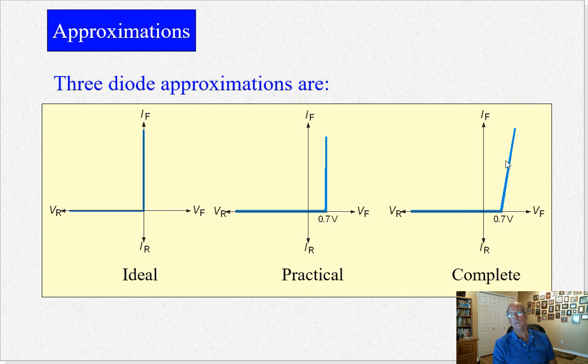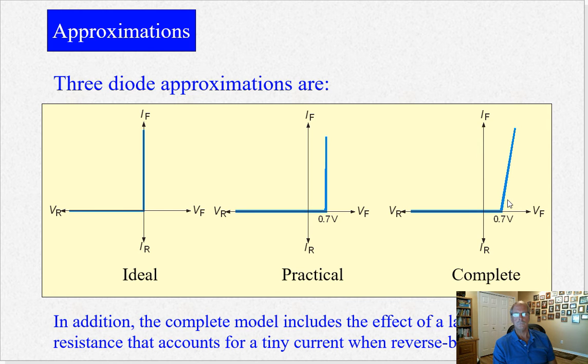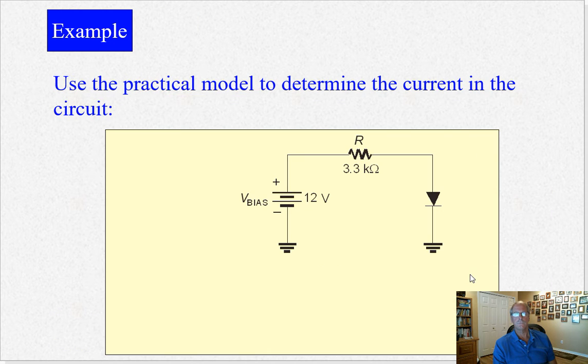We also throw in this resistance curve because the diode is not a perfect conductor, if you will, when it's forward biased. There's still a certain amount of resistance, and that's what this indicates.